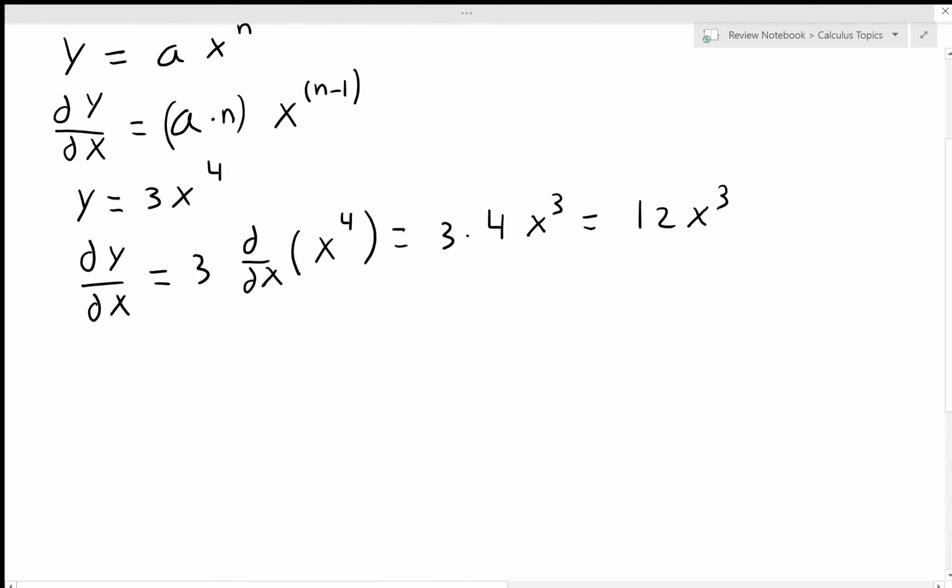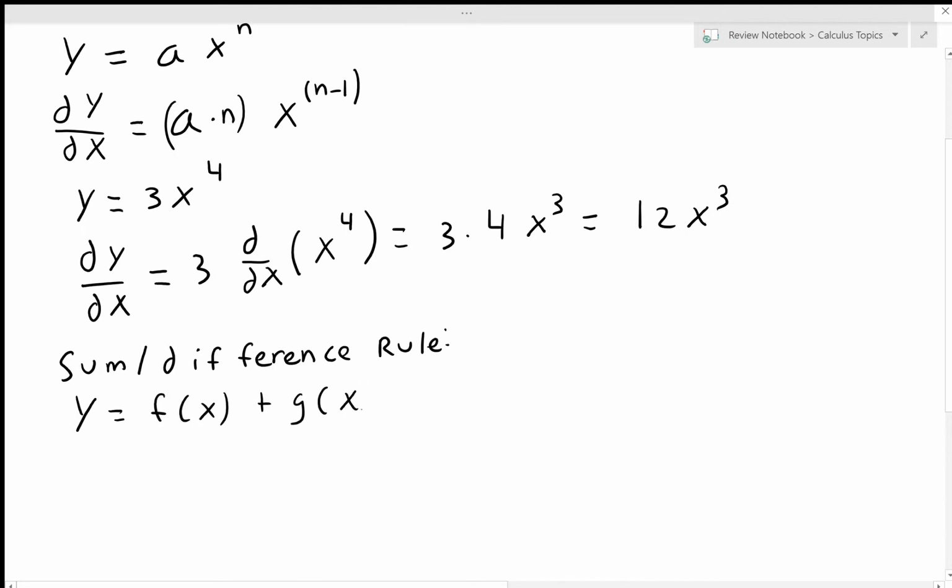Then if we have a string of terms in addition, that would be the sum or difference rule. So basically if I had y equal to a function f of x plus another function g of x, we just know that the derivative would easily be f prime of x, the derivative of that function, plus the derivative of the next function.